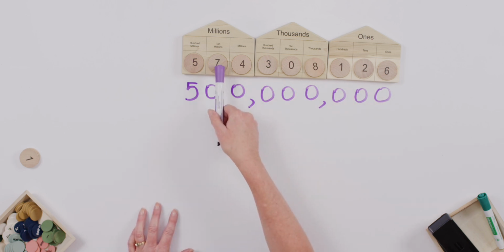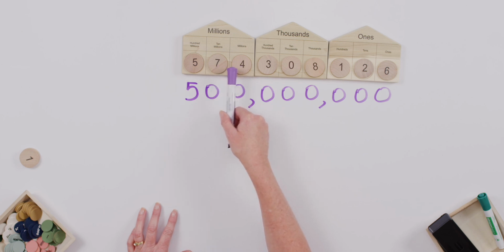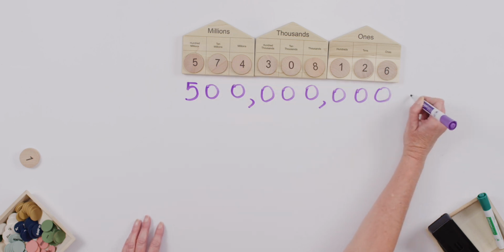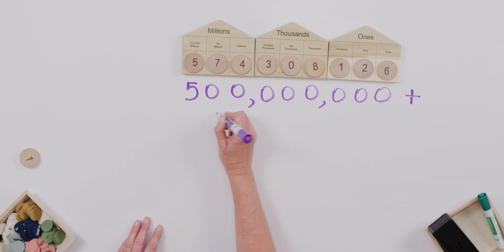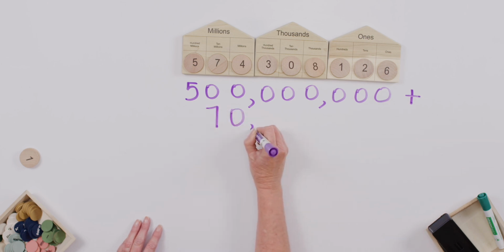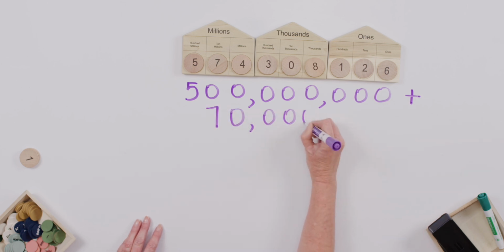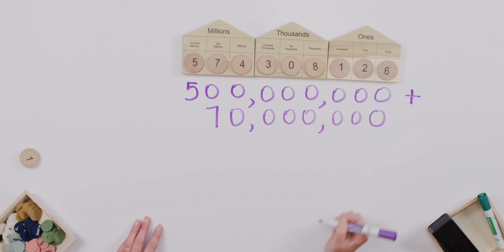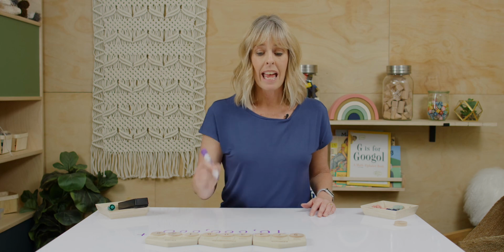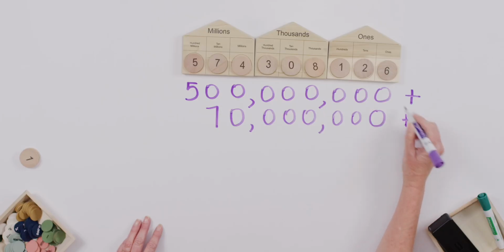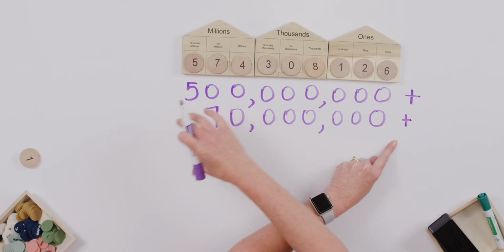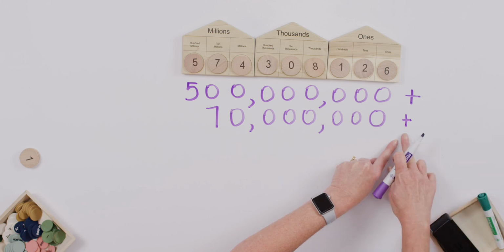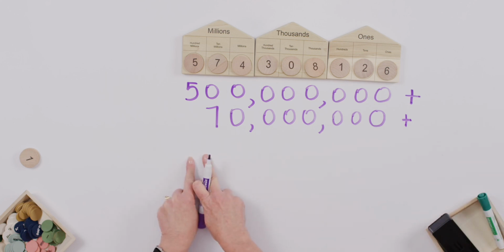All right. Now we have 70, right? 7 tens would be 70 million. So we're going to add 70 million. Great. And then we're going to add, again, I'm putting my addition sign over here because I'd probably continue that way, but I'm going to wrap it back down here.